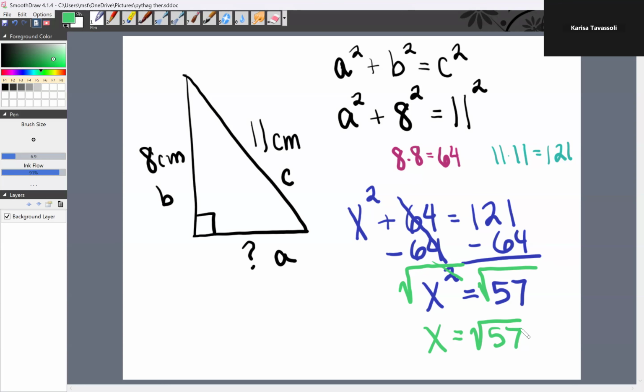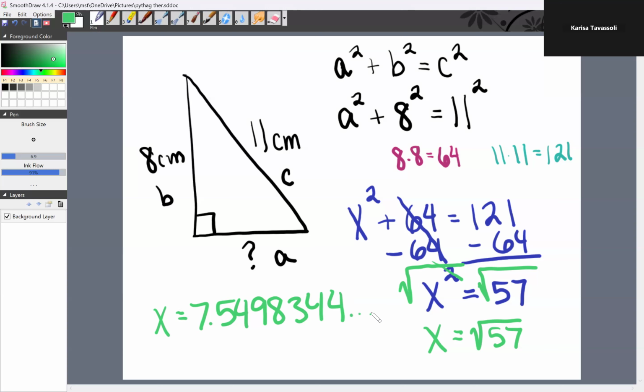Now, if we put the square root of 57 in our calculator, we will get a number that looks like this. 7.5498344, etc., etc., etc.